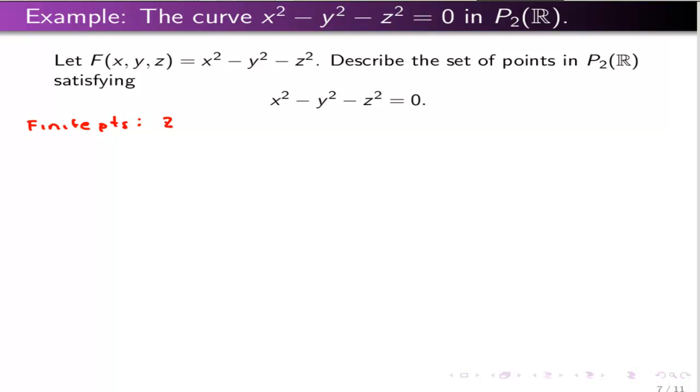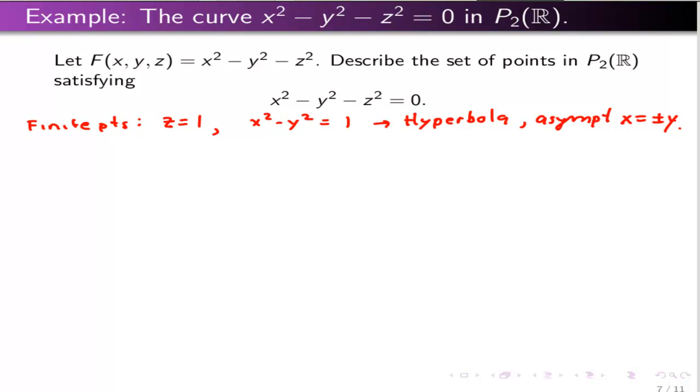So here we set z equal to 1, and we would have x squared minus y squared equals 1 squared, and we all recognize that this is just a hyperbola with asymptotes x squared equals y squared, so x is plus or minus y.